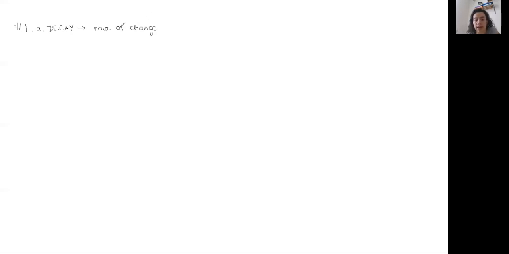So what I'm going to say is t is going to be equal to time, and A, which would be a function of t, is the amount of substance at time t.